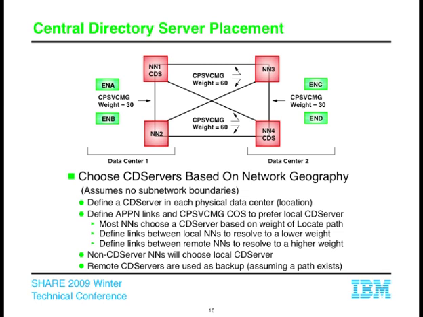If you change the CP Service Manager weight on those links to make it look like a weight of 60, and you leave the CP Service Manager weight for all the links within a data center resolving to a weight of 30, then now every time I look for a central directory server, if the one in my data center happens to be closest, then that will be the least weight route, and that will typically be the central directory server that I would use for my search. If that central directory server happens to be down, then the next central directory server is this one over here. It's a slightly higher weight, but it's still the best weight at this point, and so we'll go ahead and use that one.